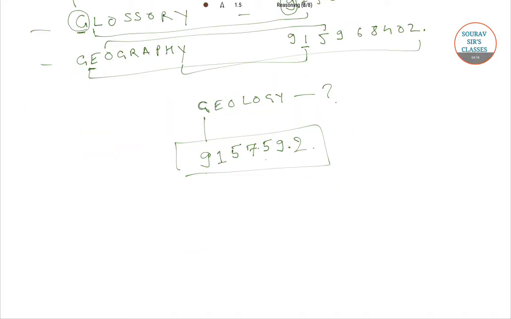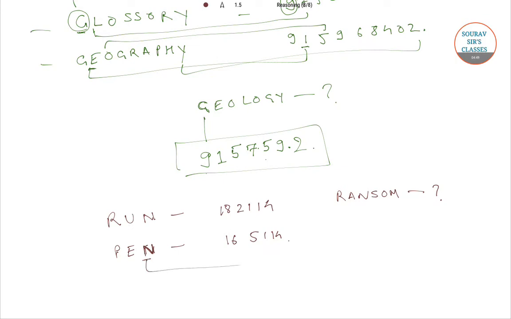Now suppose we have a question that RUN is coded as 182114, PEN is coded as 16514, then how will RANSOM be coded? Here we can see that the letters are coded by their positional value, like N is coded with 14, P is coded as 16 and so on.